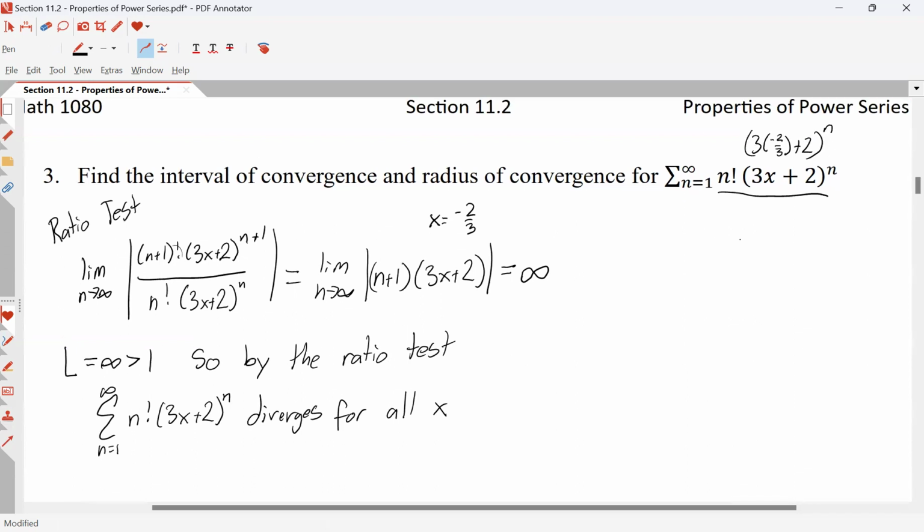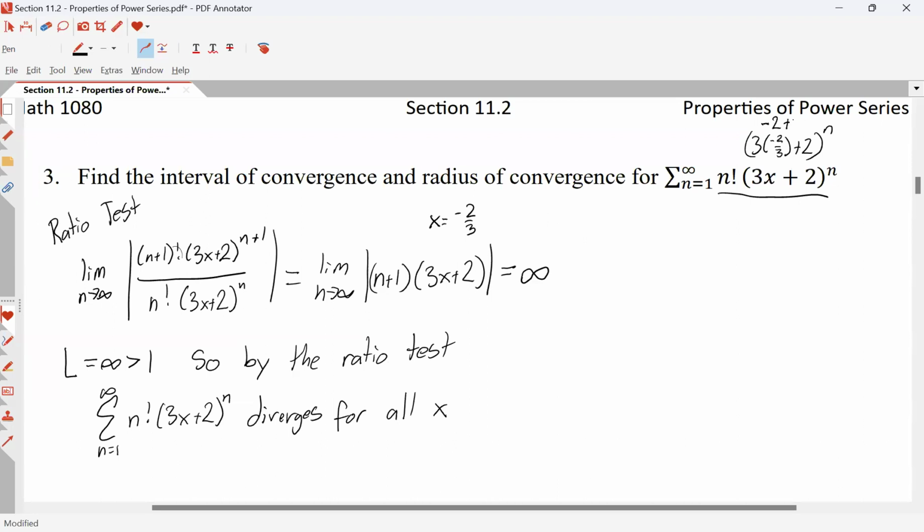And 3 times negative 2/3 is negative 2, and then plus 2. This is 0 to the n. So every term of this series becomes 0. And 0 plus 0 plus 0 plus 0 plus 0 is still 0, meaning the series does converge for one value and one value only.